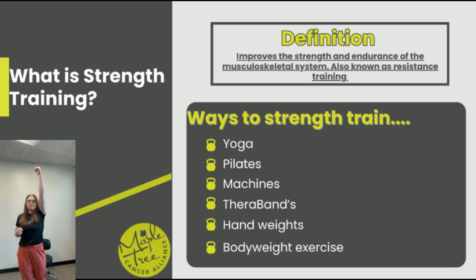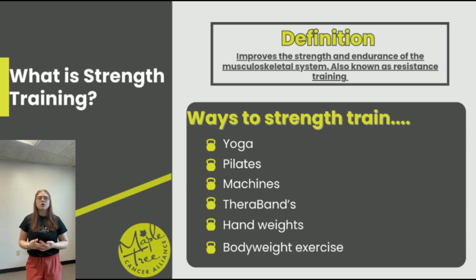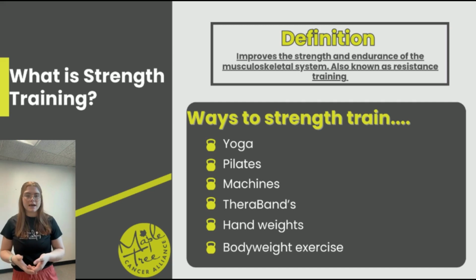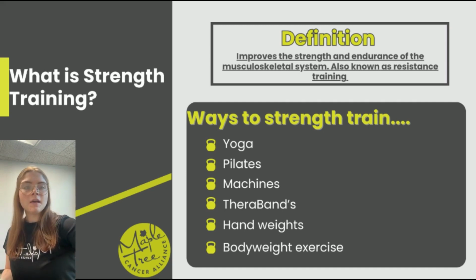You can also do some punches overhead. Again, if you don't have any equipment, you can always do body weight exercises. And again, strength training is a way to improve the strength and endurance of the musculoskeletal system, and is also known as resistance training.